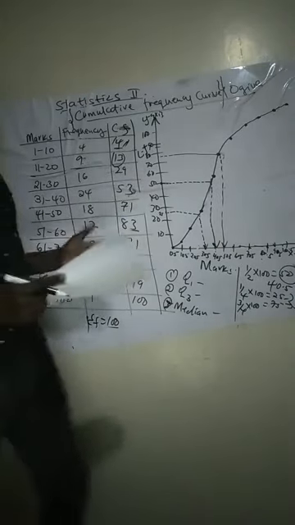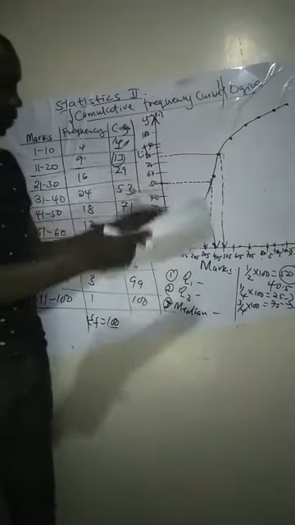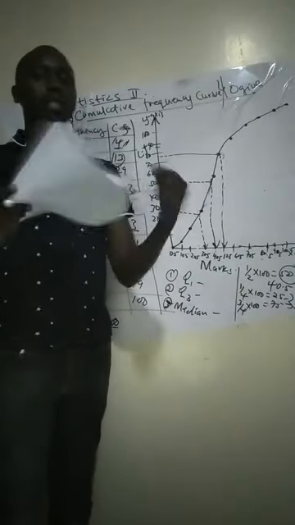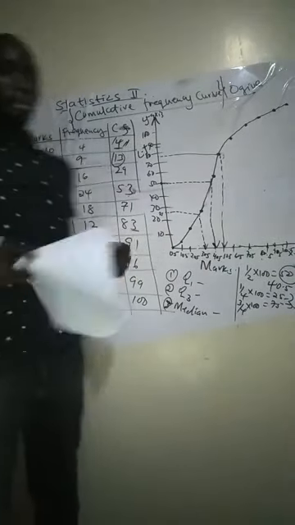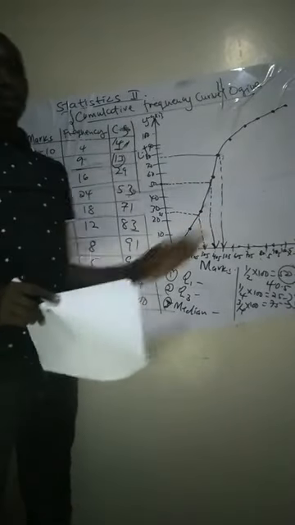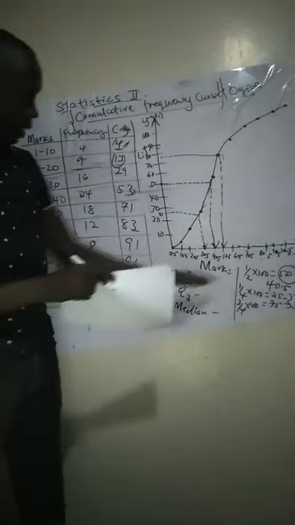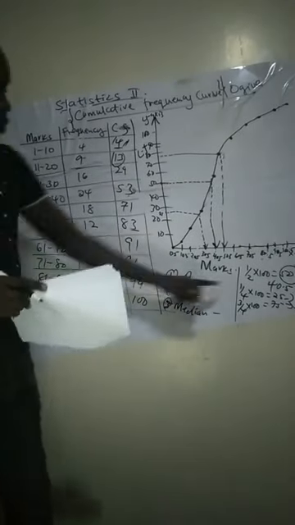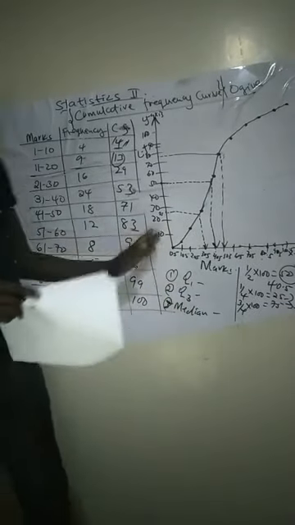Interquartile range, we said it's the upper quartile minus the lower quartile. So if I give you that, draw the cumulative frequency curve, then next find the interquartile range, basically I am telling you to use the cumulative frequency curve to find the upper quartile and the lower quartile. I have just demonstrated 1 over 4 times 100.